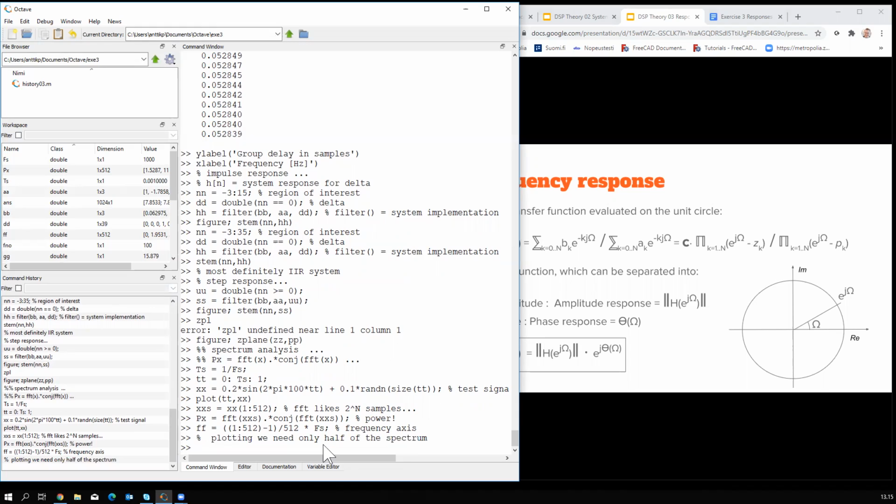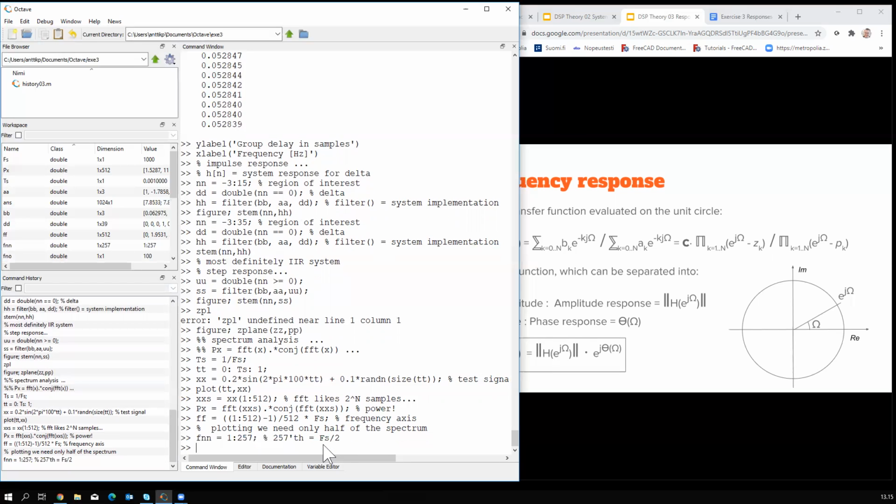We take the frequency indexes from 1 to 257 to be actually correct. 256 would be one short. The 257th is actually the sampling rate over 2 because it started from 0. There, and now we can plot.